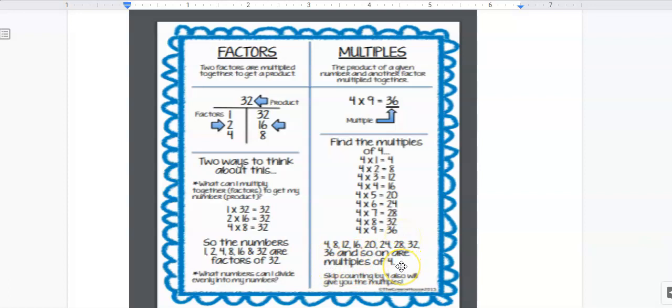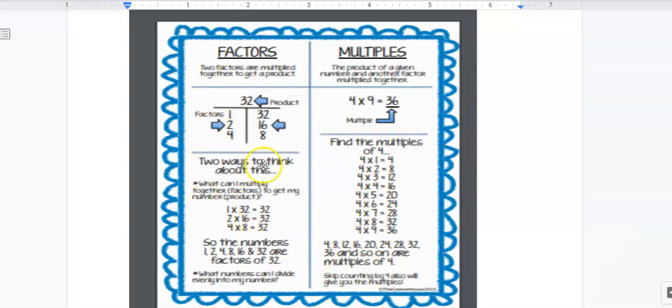So the multiples of 4 are 4, 8, 12, 16, 20, 24, 28, 32, 36, and so on, because you can keep multiplying that 4 by more things, right? Like 4 multiplied by 10, 4 multiplied by 11, 4 multiplied by 12. It keeps going on. Any number that you can multiply by 4 is considered to be a multiple.